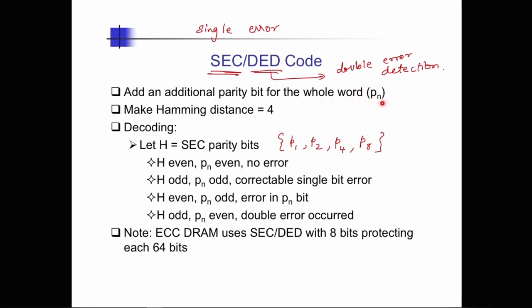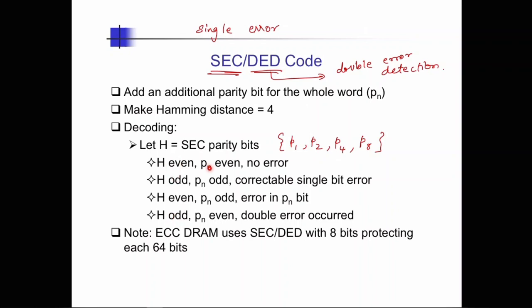So Pn could have an even parity or odd parity, and on top of that I can have the parity of these four group parities be even or odd. H even means that these four have even parity. H odd means these four have odd parity, and so on. So we end up with four possibilities over here.